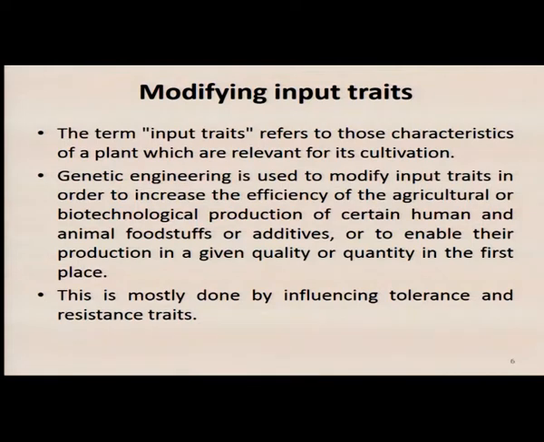Or, for example, for a plant which requires a very high amount of water, thereby it cannot grow where there is water scarcity, if you can slightly modify the input rate so that the requirement of water becomes less, then it can be more widely cultivated. So like that, small editing things in the basic traits of how you cultivate the plant. And this can also be for making the plant resistant or tolerant to certain abiotic circumstances.